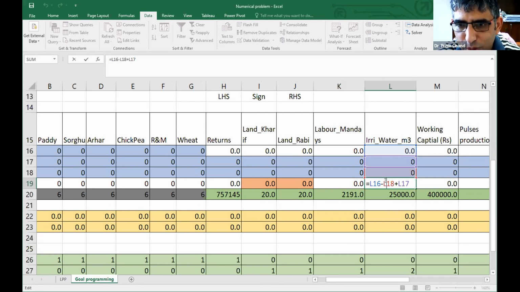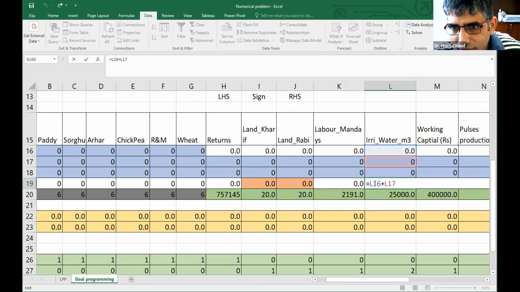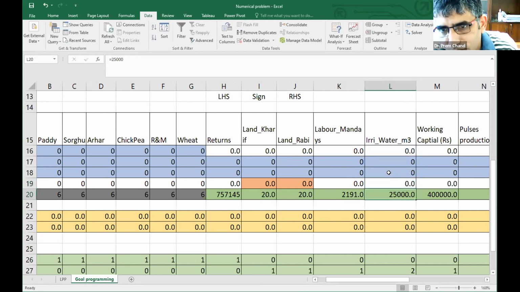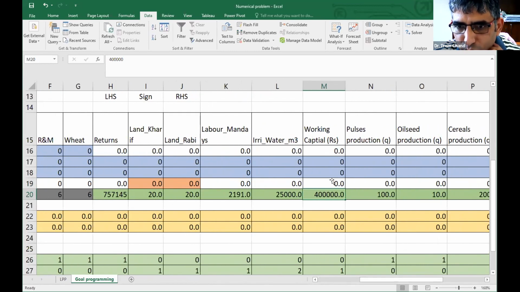If I don't have that option, then I will delete this overachievement, meaning subtract it. Here I am allowing the overachievement. Similarly, working capital, because I can borrow from the bank also. So I have allowed both under and overachievement.